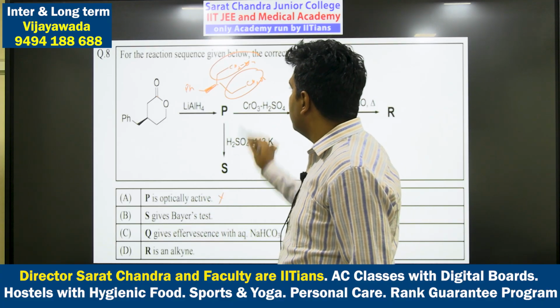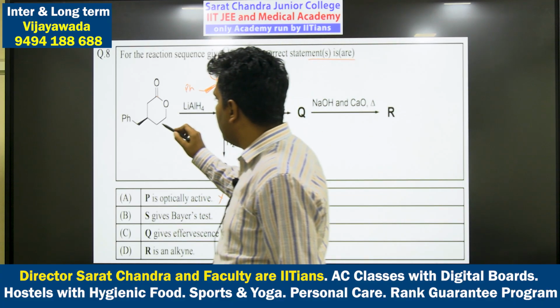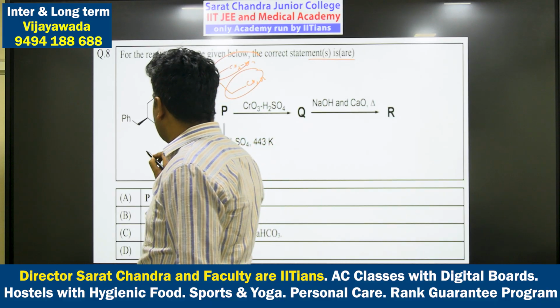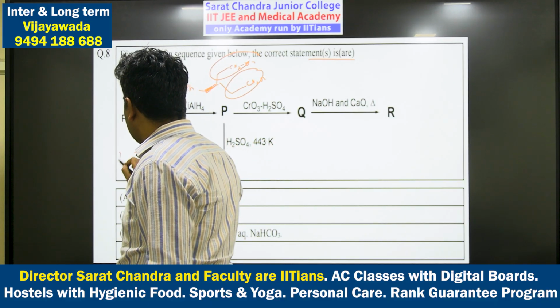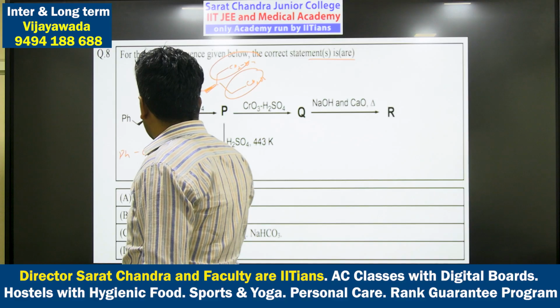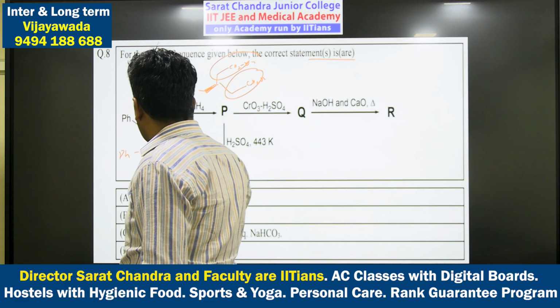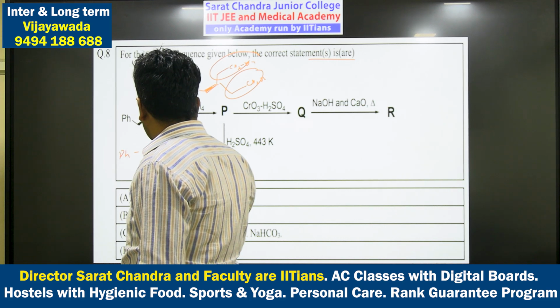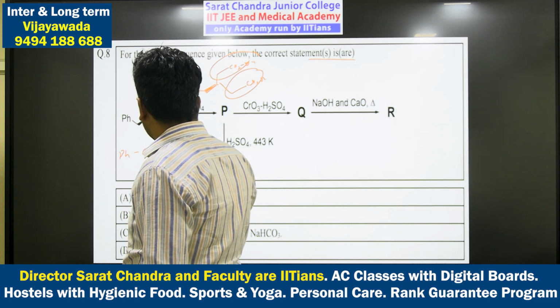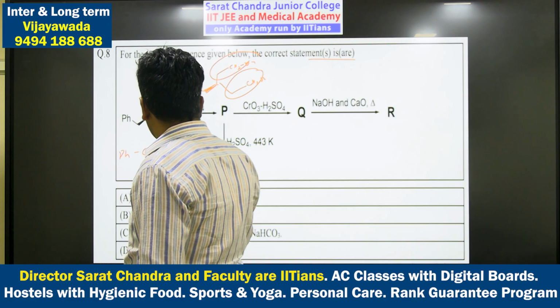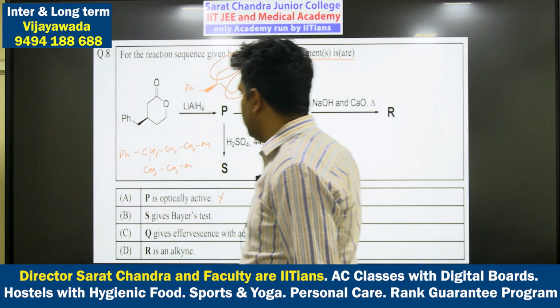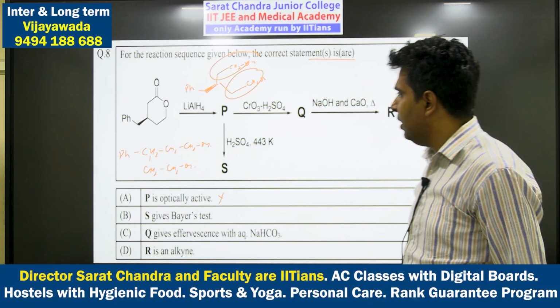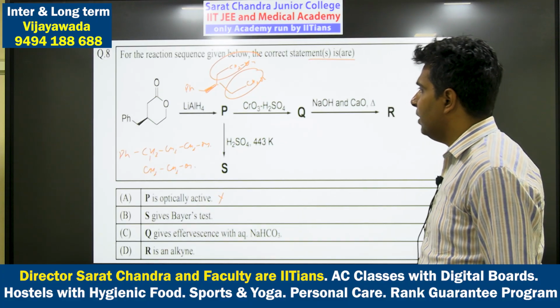That is wrong. These two groups will be the same, so one alcohol over here. So the compound will be something like this. There is no chiral carbon, so it is optically inactive.